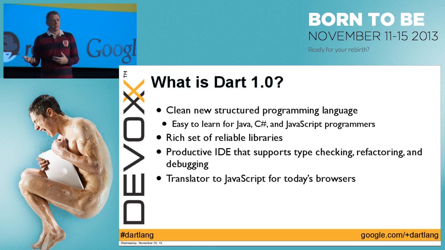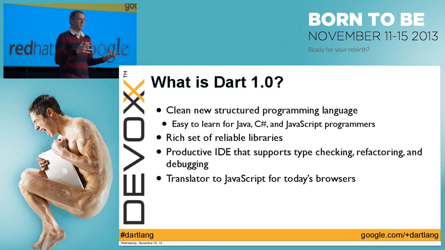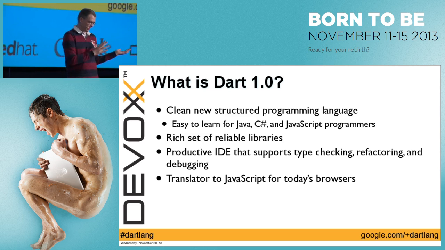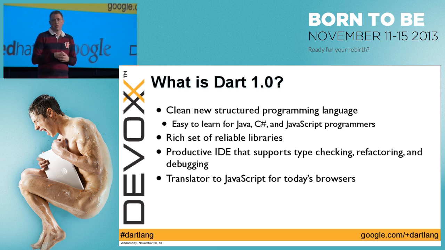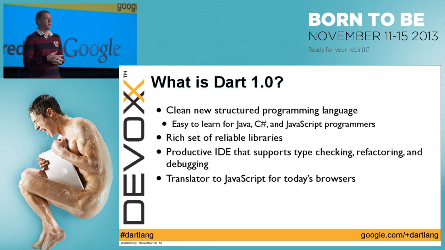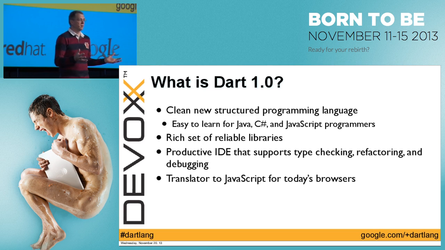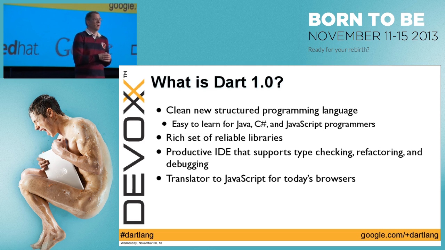One thing that's special about the programming language is it's very familiar if you are from the Java side. You have classes, interfaces, mixins, and so on. But you also have an optional type system. So if you don't like static types, you can just write your code and run it. And this is great for experimentation or prototyping.